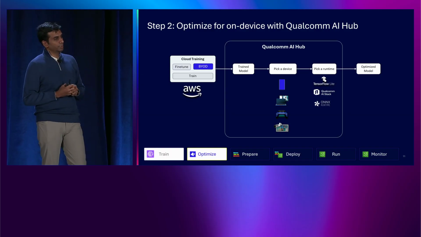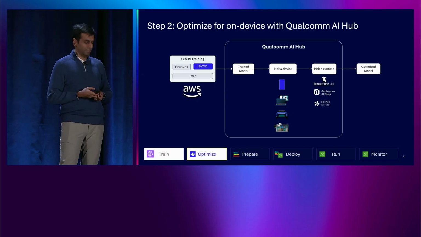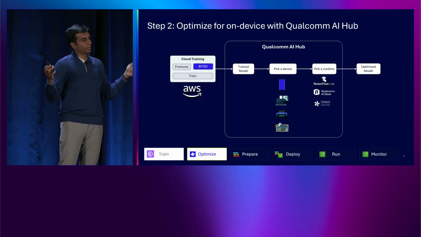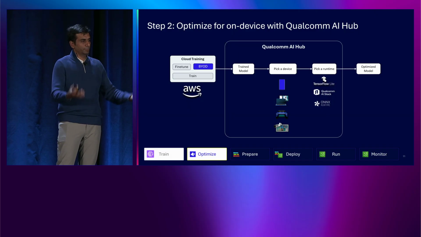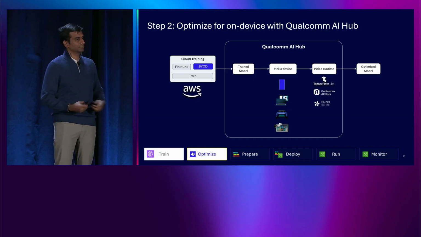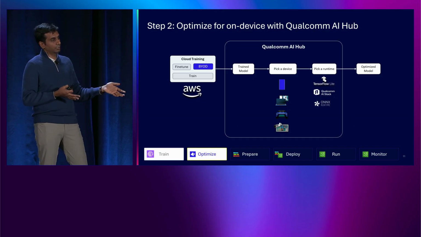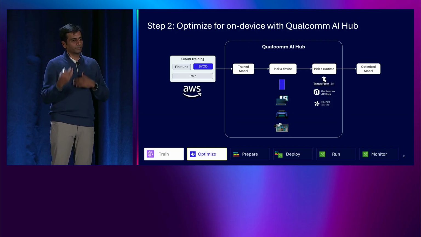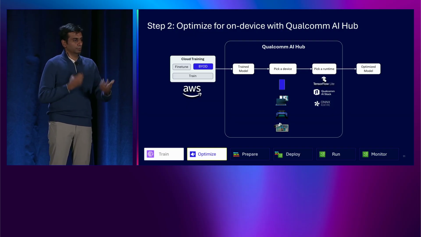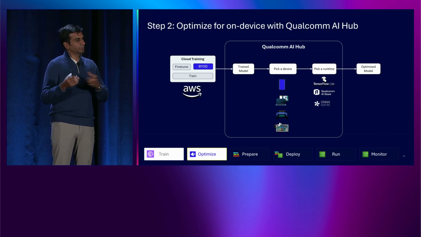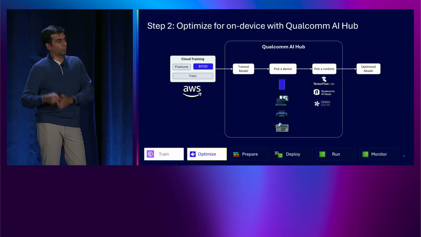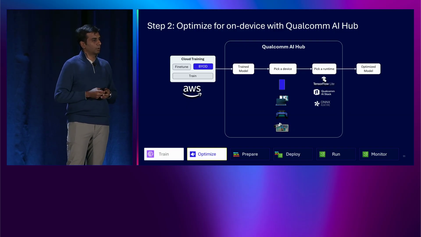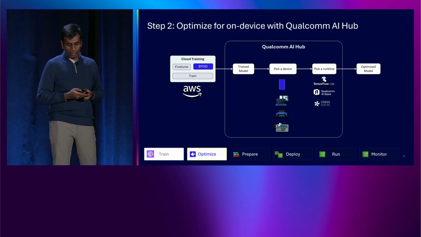And the reason you can be sure is because as part of this service, what we offer is a cloud of devices that are plugged in to our cloud, and we'll do a simulation on those physical devices so that we can tell you exactly how fast it's going to run, how much memory it's going to consume, and any kind of accuracy issues if you hit. We also can check that for you. So everything that you typically need to do to take a model that's trained in one environment, like the cloud, and deploy in a different environment, which is the edge, we do all of that in an automation. So it should take you just a few minutes to go and do that.